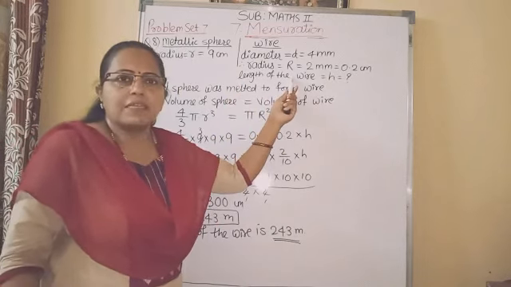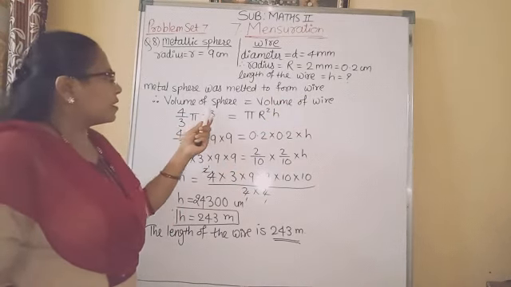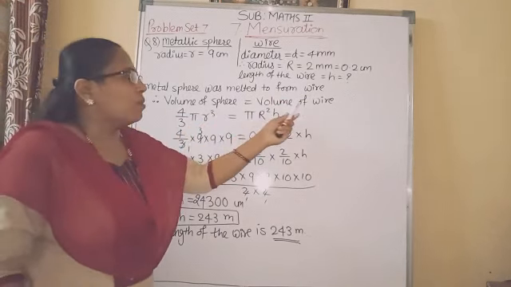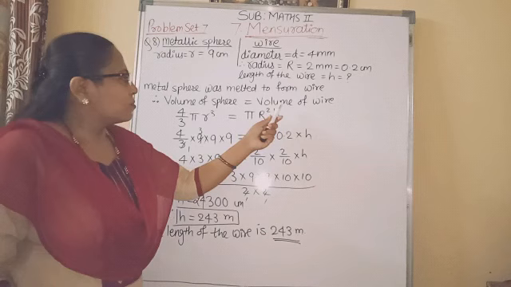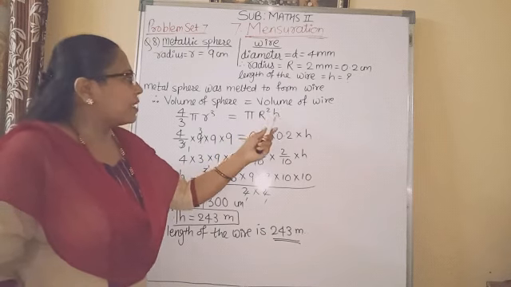The metal sphere was melted to form the wire. Therefore, volume of sphere equals volume of wire. Formula for volume of sphere is 4 upon 3 pi r cube. And the wire is the shape of a cylinder, so its volume is pi r square h.